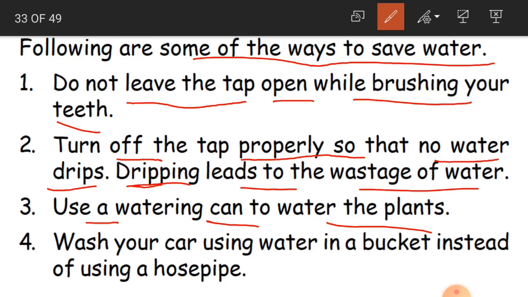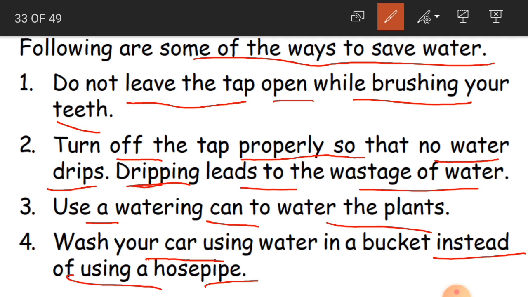Clear? And the fourth one is, wash your car using water in a bucket instead of using a hose pipe. If we want to wash our car or the front area, we usually use a hose pipe. A hose pipe is like a water tube, a pipe where water is supplied from the tap.